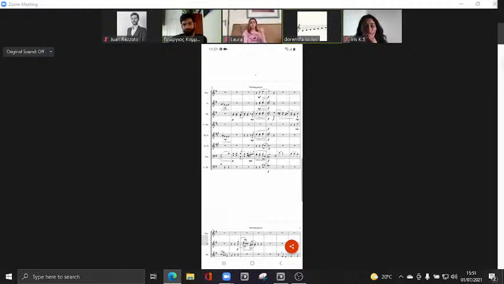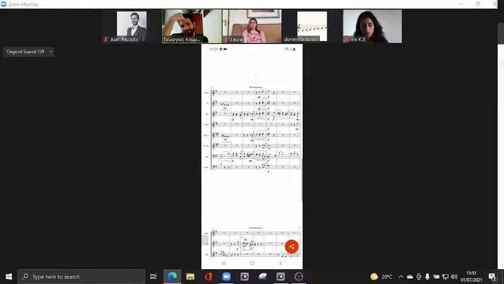The range of your composition is one octave bigger, let's say. But yes, you can delete the piccolo and it works also.